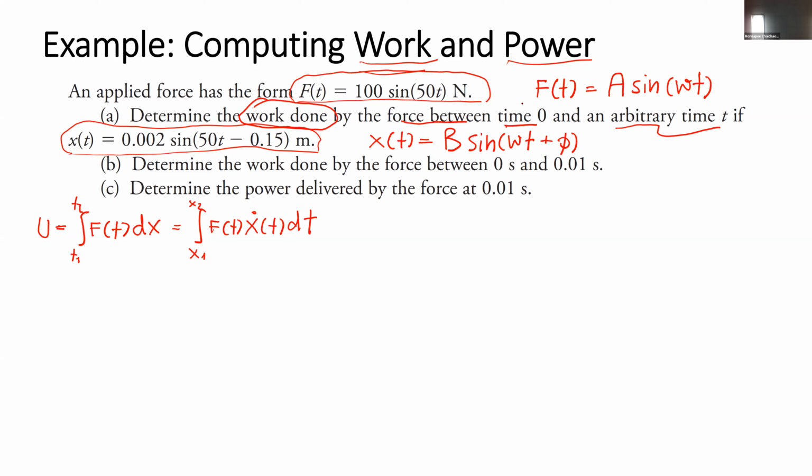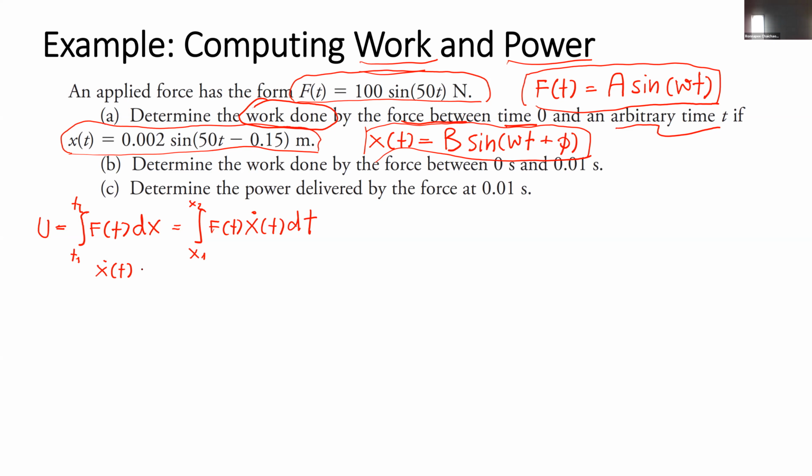Now we already have the force function as a function of time, and the displacement as a function of time. We need to find the time derivative of the displacement, x dot(t).